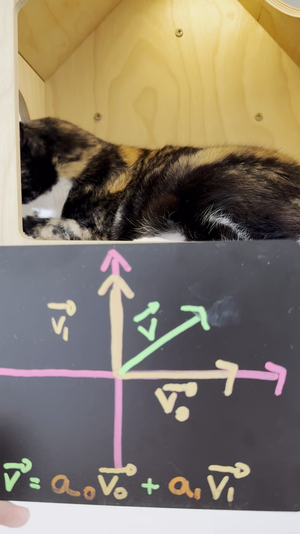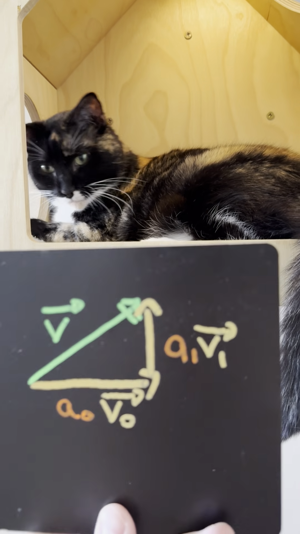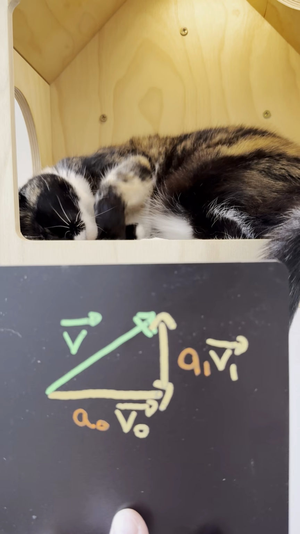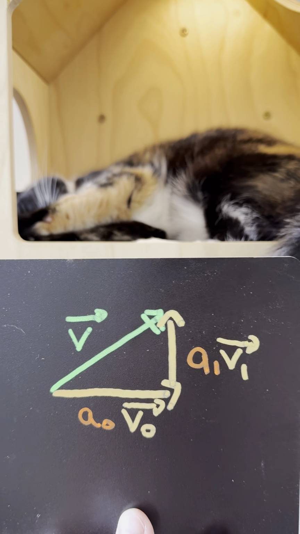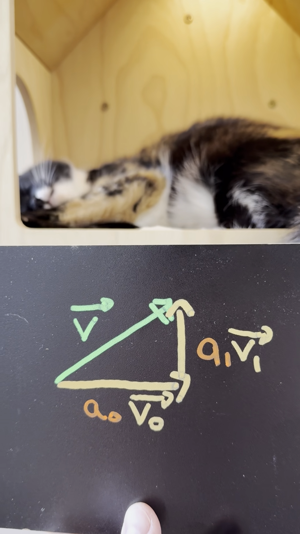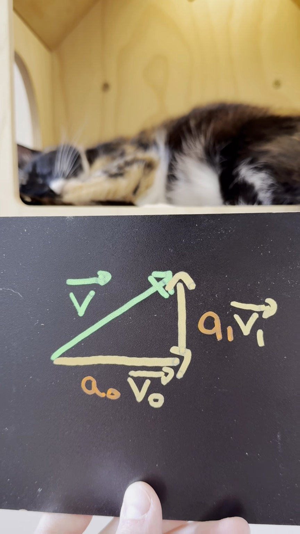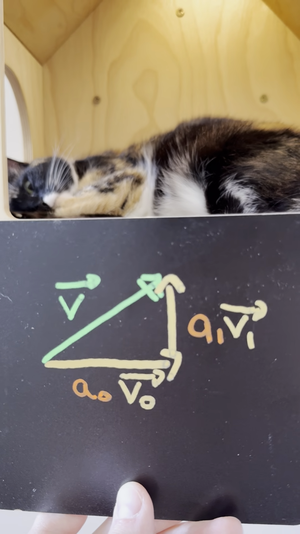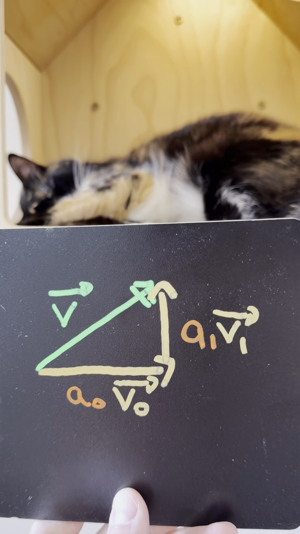So, as I was saying, this vector v is a superposition of these other two vectors a0 v0 and a1 v1. Now, if you remember Pythagoras' theorem, the length of v squared, which would be the hypotenuse squared, should be the sum of the squares of the two other lengths.